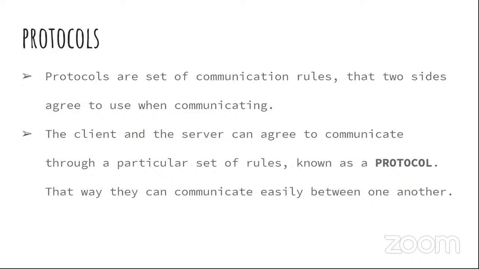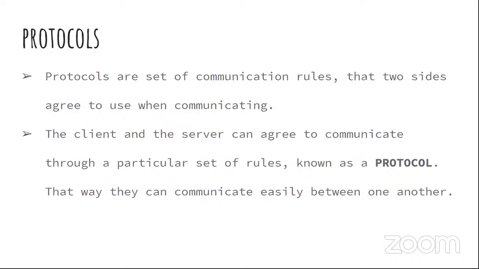A basic example is if you have two individuals trying to communicate, for example, two Nigerians. In Nigeria, we have more than 200 languages. So how would two Nigerians communicate with each other?